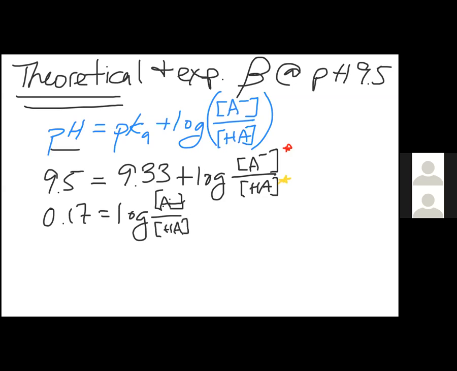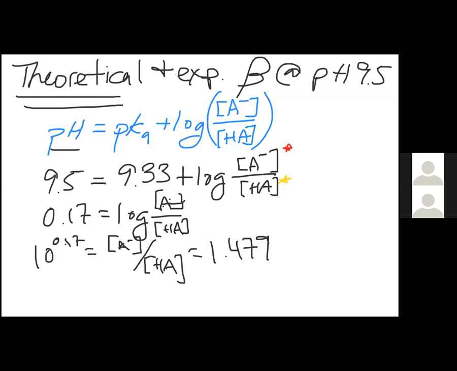Then we take both sides to base 10, giving 10 to the 0.17, and base 10 of log base 10 cancels out, leaving the ratio of the conjugate base over the acid species. 10 to the 0.17 is equal to 1.479. So this is the ratio between the conjugate base and the acid species.